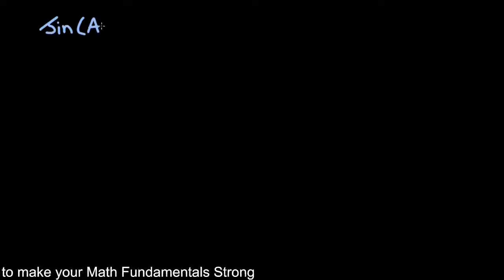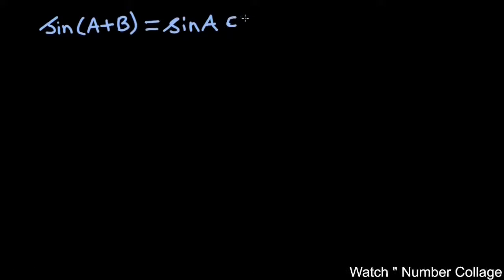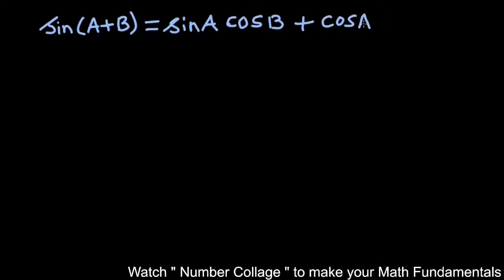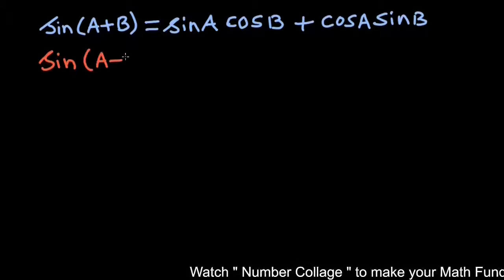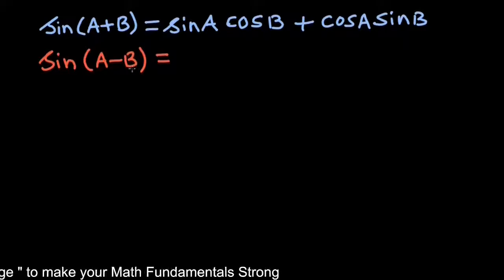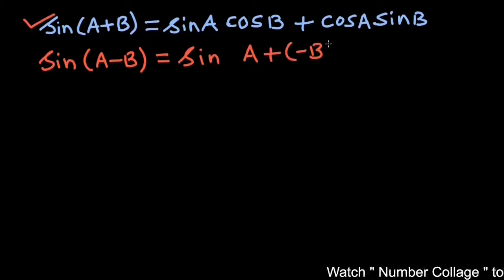We have sin (A plus B) equals sin A cos B plus cos A sin B. With the help of this addition formula, we will find out sin (A minus B). We write this sin (A minus B) in the form sin (A plus B), so we write sin of (A plus minus B).